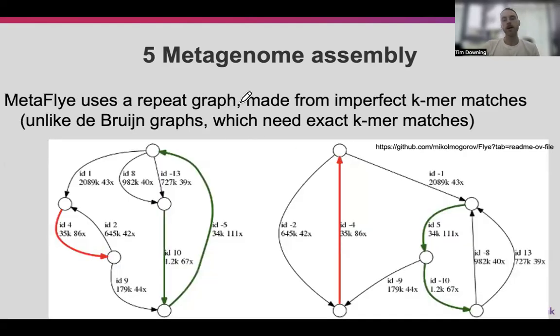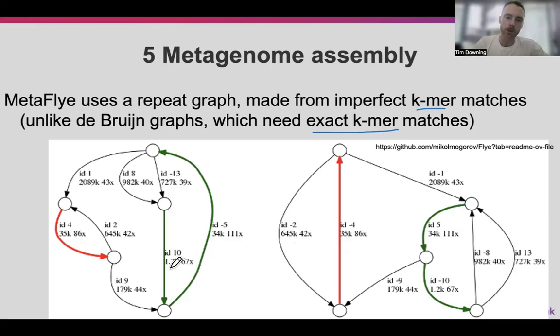Flye uses a slightly different structure to what we're used to. It makes a repeat graph from the long reads, and these are from imperfect k-mer matches. So it's not looking at exact k-mer matches because long reads are typically noisier. So it creates this kind of graph structure where we have different nodes and edges connected together, showing the linkage between the different graphs, and we can gradually extract information from these graphs to create some sort of consensus.